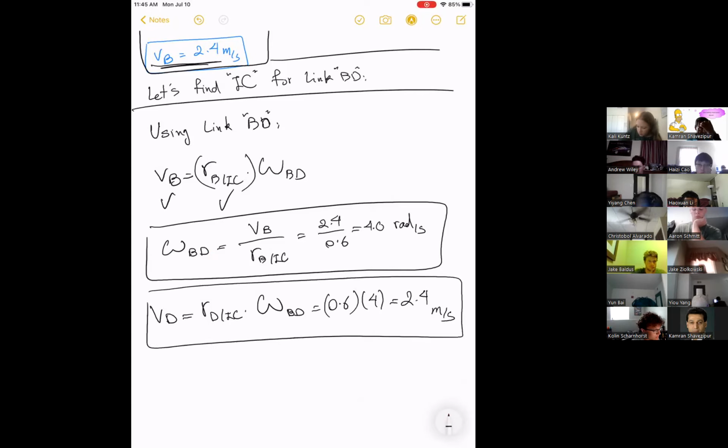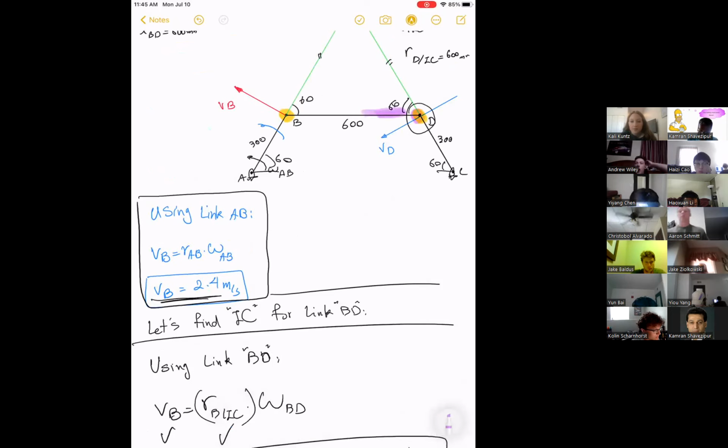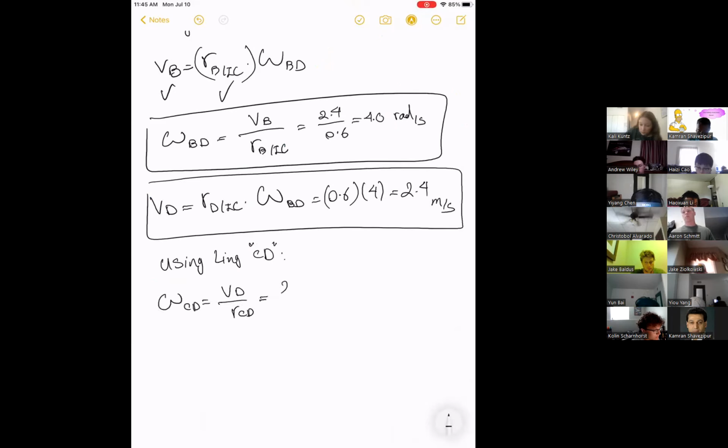Now, if I want to find omega of CD, look at here for a second. Again, point D is a part of this link and is a part of this link. So if I use link CD, omega CD is VD over R_CD. You put 2.4 over the radius, and you get 0.38 radian per second.